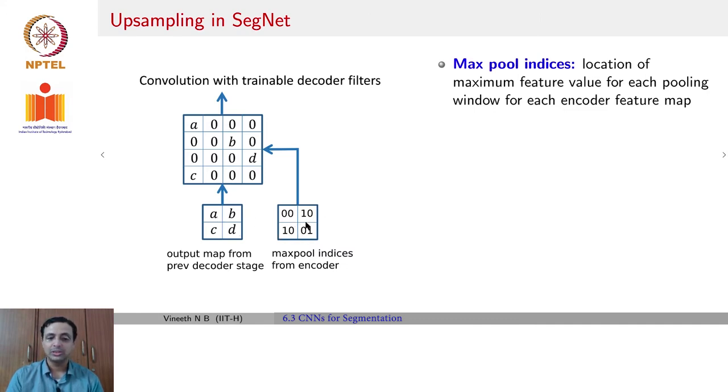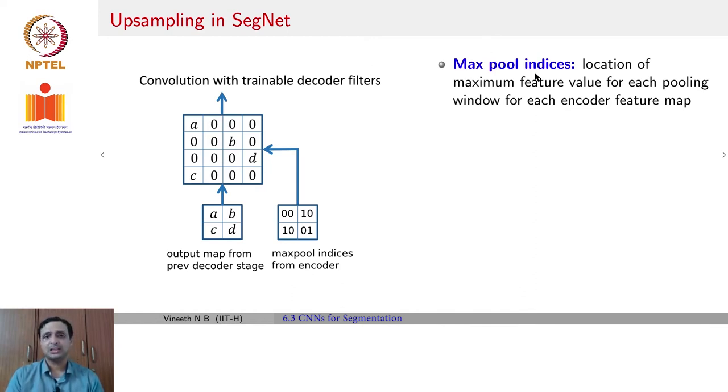So A would go to the 0,0th location, which would be the top left. B would go to the 1,0th location, which would be the bottom left. C would go to the 1,0th location, which would be the bottom left. And D would go to 0,1, which would be top right. Now this becomes an upsampled version of a previous layer's output map in the decoder, and one can continue to do this to get your final upsampled image.